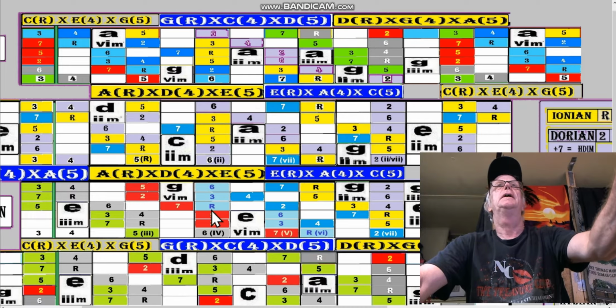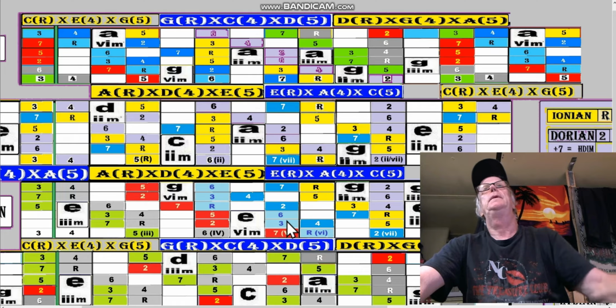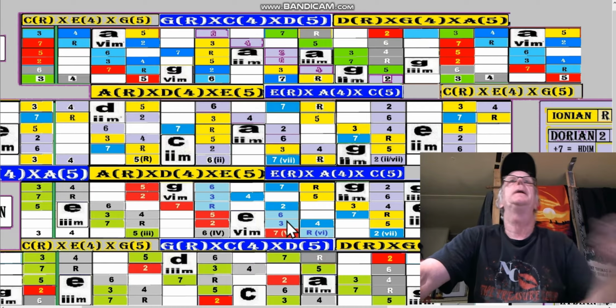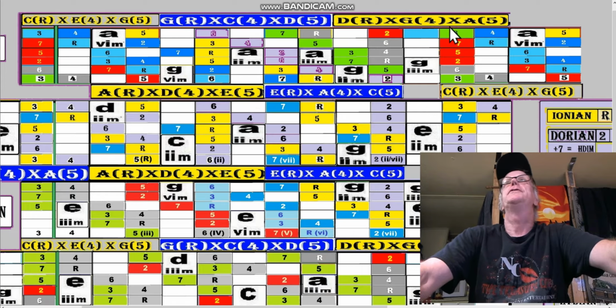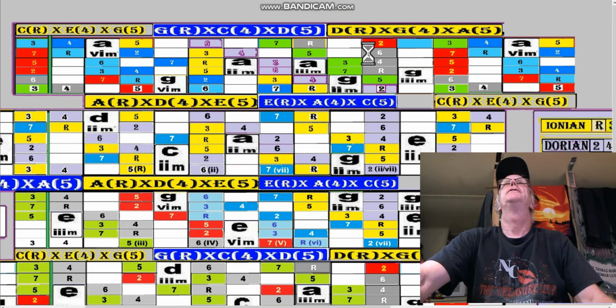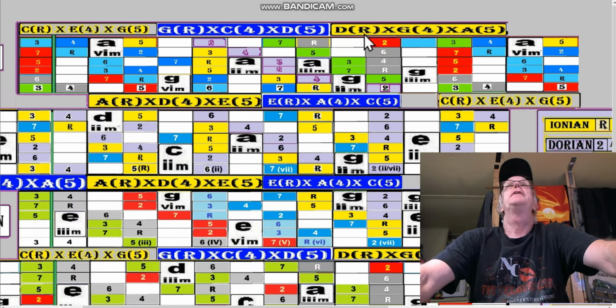And the red and the blue are the Aeolian and the Mixolydian. However, in this particular diagram, the top one here is the interesting one. We've got everything on one fretboard, which is interesting. I like that.